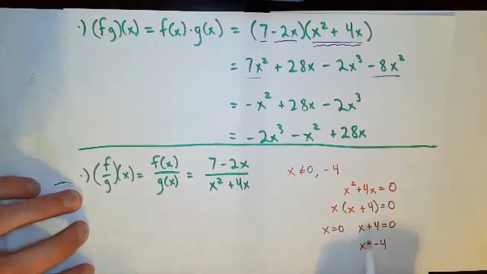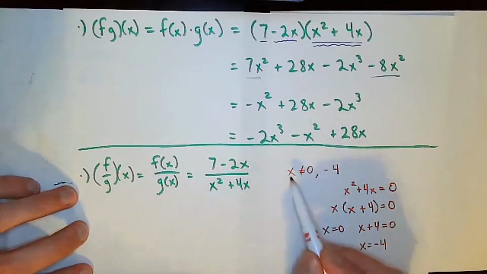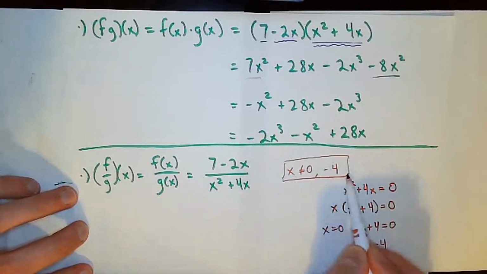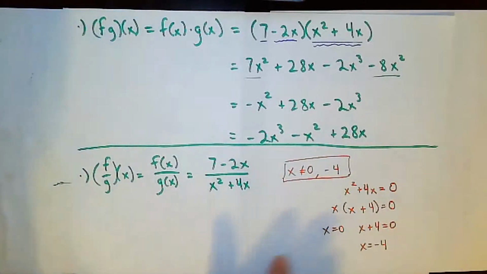Solving this last step, I'm getting x is 0, x is negative 4. Those are going to be the two values that output a 0 in the bottom here, hence they are my undefined values for x, my domain restriction. That's just kind of an extra thing here.